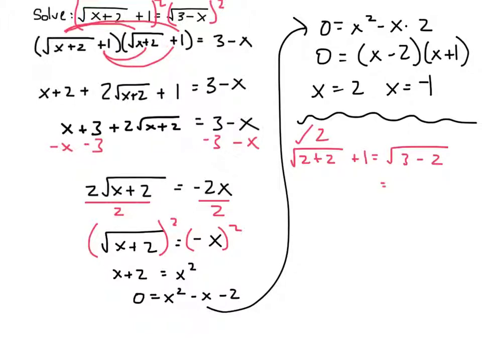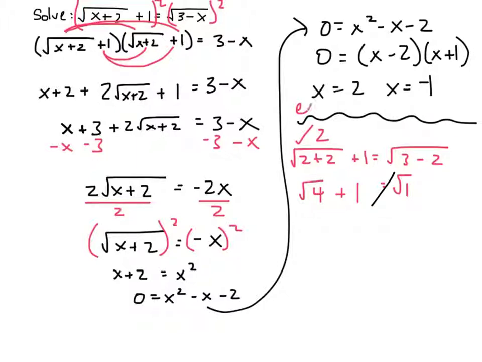Well, the square root of 3 minus 2, this is the square root of 1. Look at this left side. Is this going to be smaller or the same as 1? No, we have the square root of 4 plus 1. So the square root of 4 is 2, plus 1 is 3. That doesn't equal 1. So 2 is extraneous.